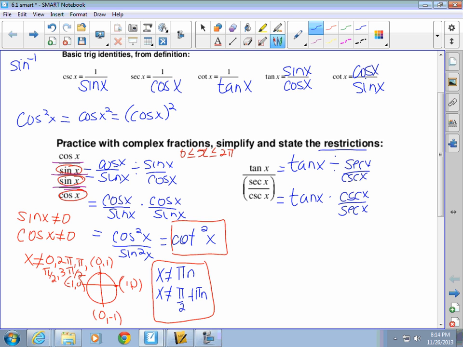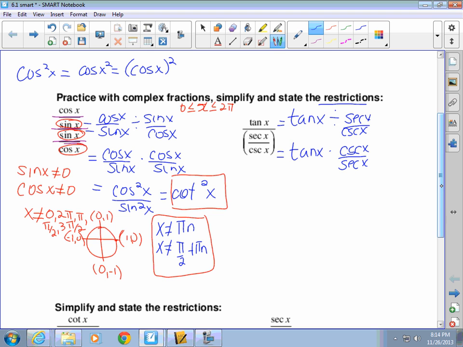Now I know that cosecant x is the same as 1 over sine x, which means if that's 1 over sine x, that means I'm dividing it by secant x, which is the same as 1 over cos x.